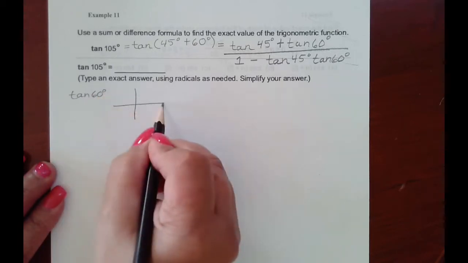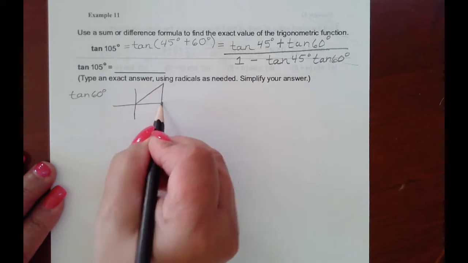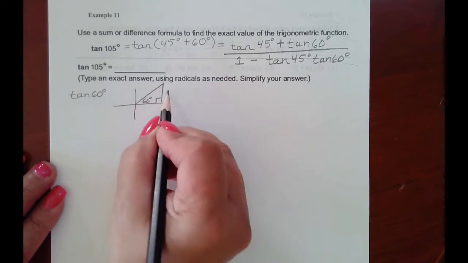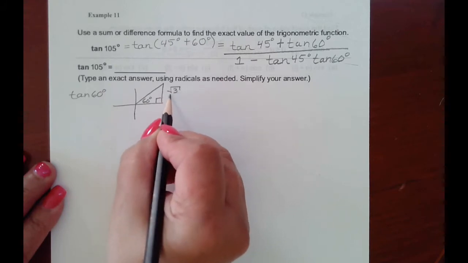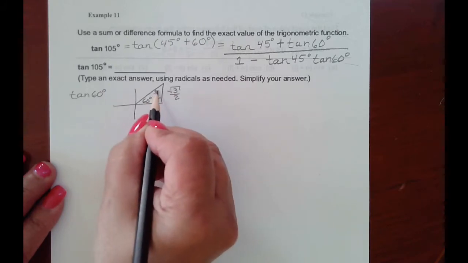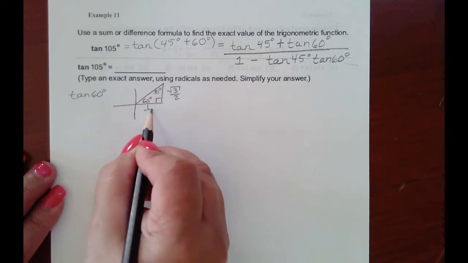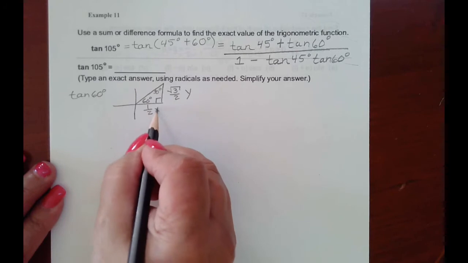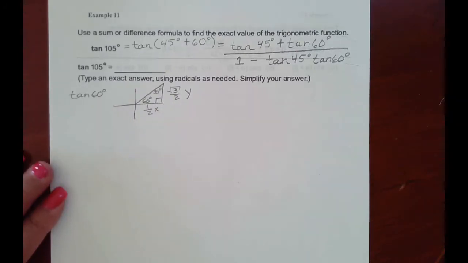A 60-degree angle means you have a central angle of 60 degrees right there at the origin. Always across from the 60 is the long leg, and across from the 30, which would be this other angle, is the short leg. The vertical leg plays the role of the y, while the horizontal leg of your triangle plays the role of the x.